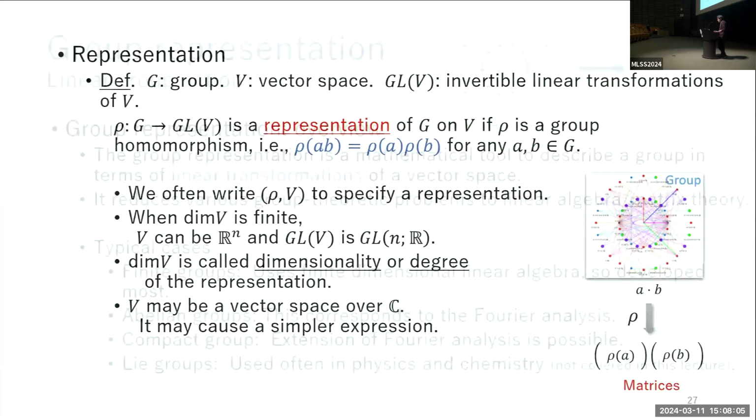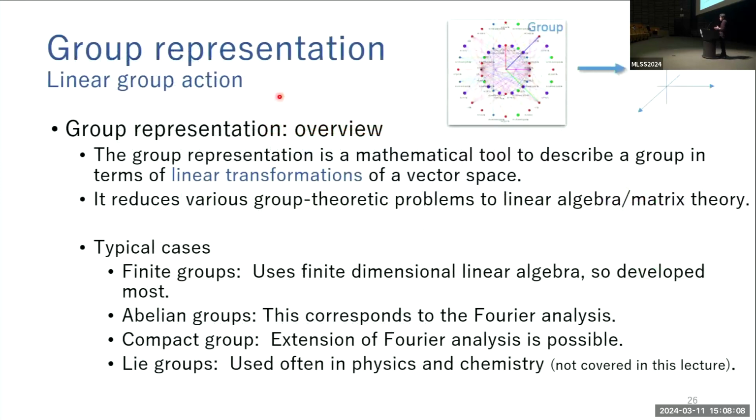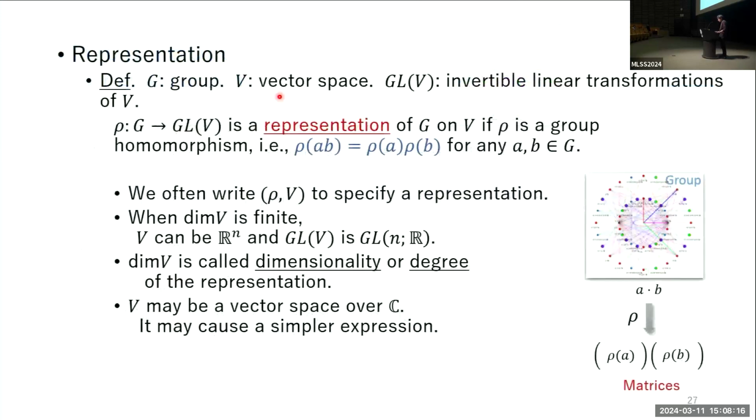So as I explained here, group representation is simply the linear group action acting on some vector space. Okay, this is some trivial things. I skipped this one.